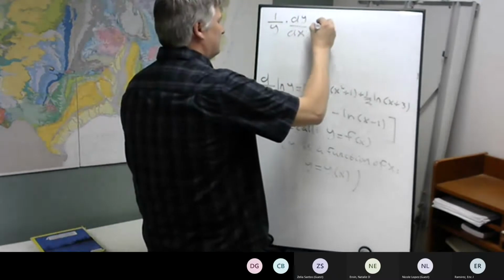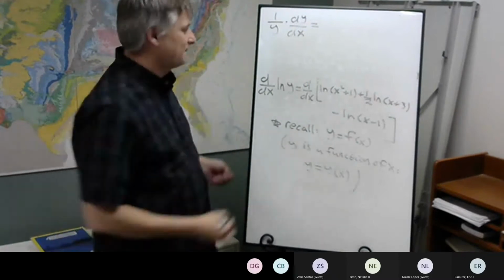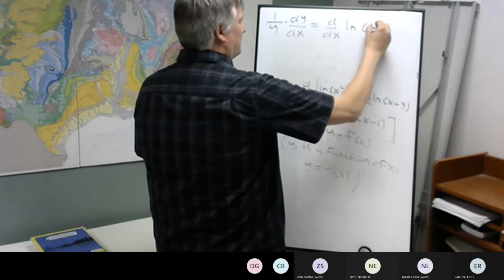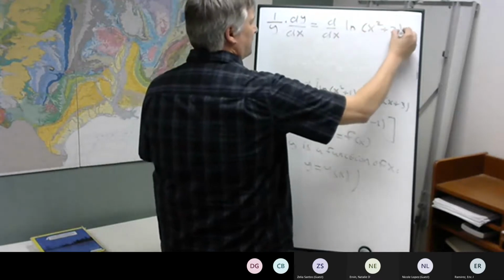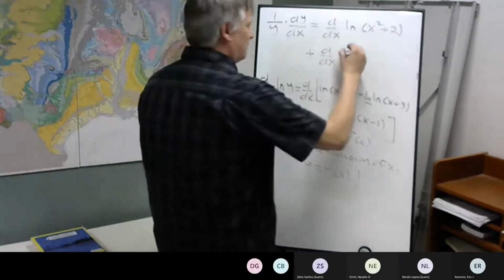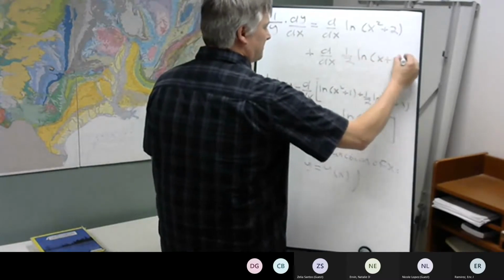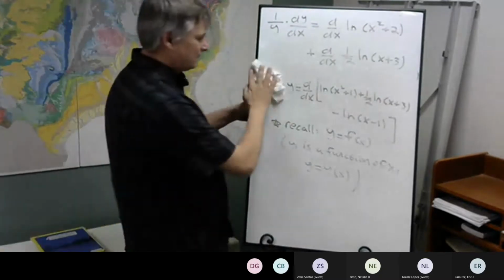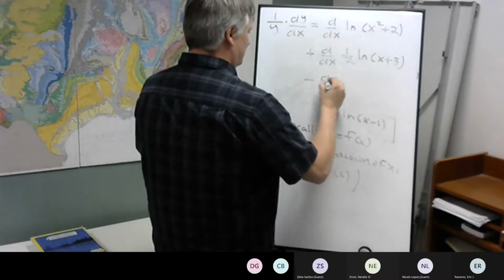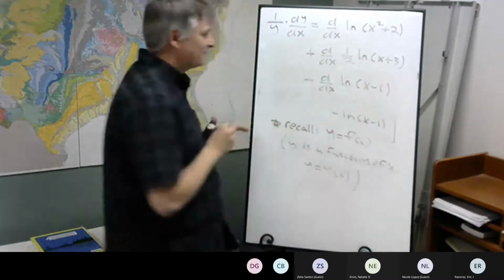Now the derivative of sums and differences will be the sums and differences of the derivatives. So you have d dx of the natural log of x squared plus 1, plus d dx of 1/2 natural log of x plus 3, minus d dx of the natural log of x minus 1.